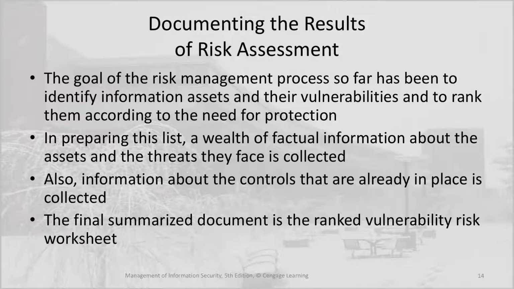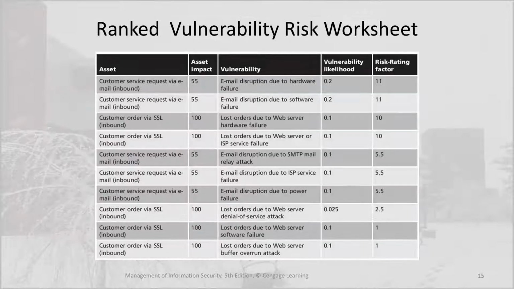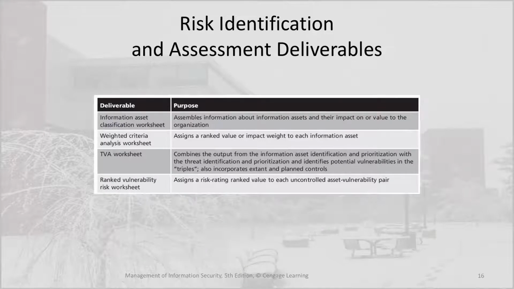The final summarized document is the Ranked Vulnerability Risk Worksheet. This slide shows an example of a Ranked Vulnerability Risk Worksheet. This slide shows the relationship between the various worksheets used in the risk identification and assessment process.